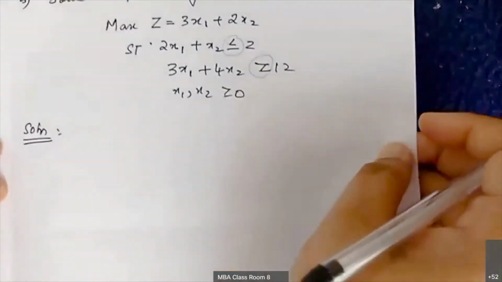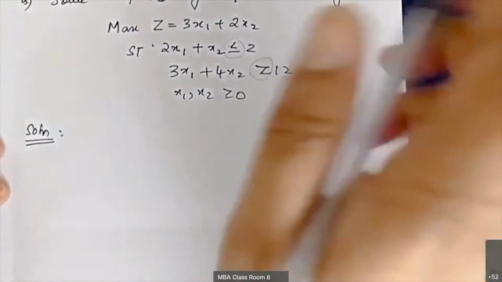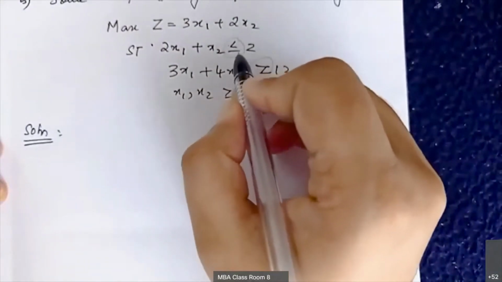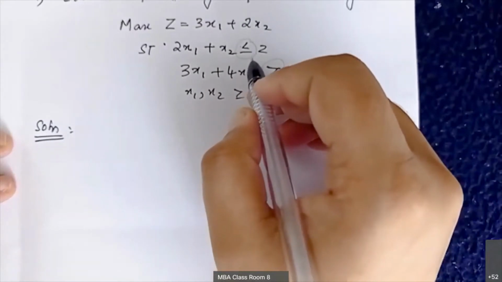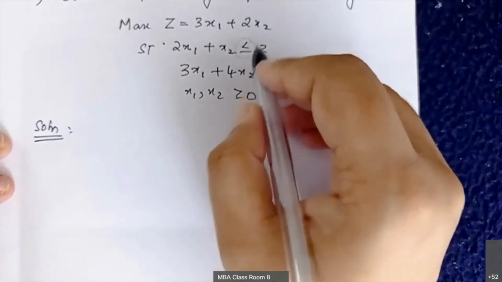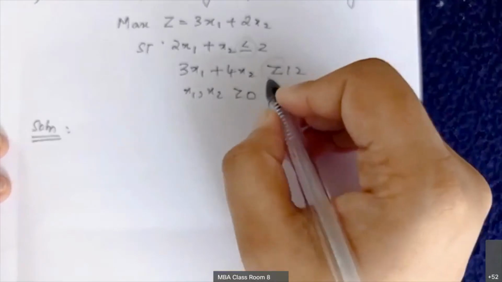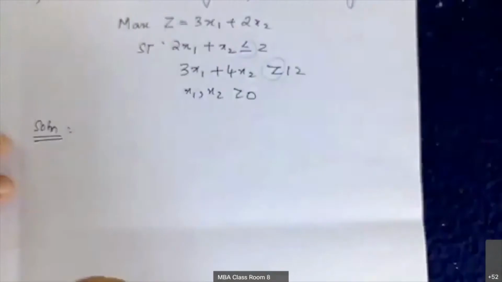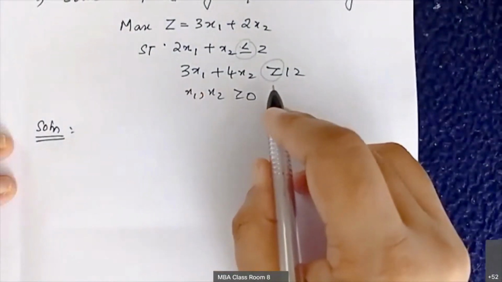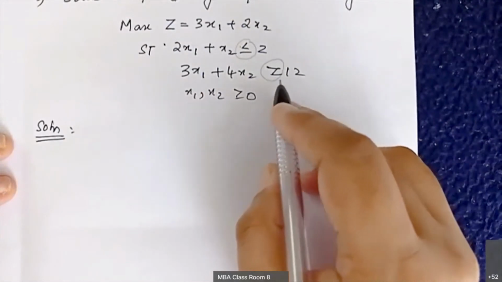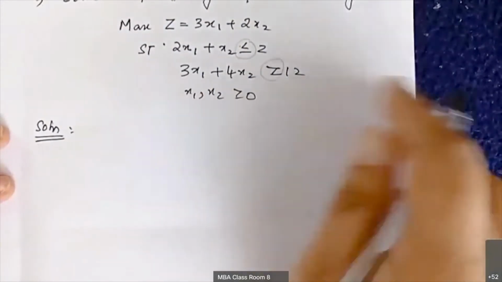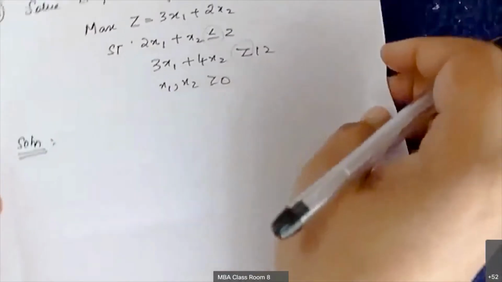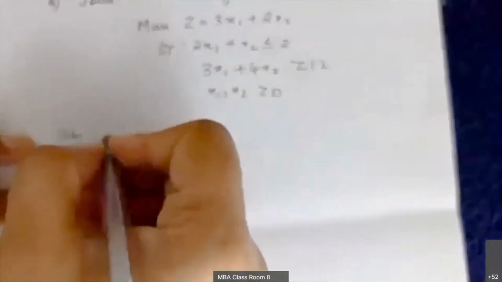Initially, we have already seen that we introduce a slack variable for the less than or equal to symbol. But in the case of greater than or equal to, instead of slack variables, we have to use surplus variables and artificial variables. I'll just write it down.